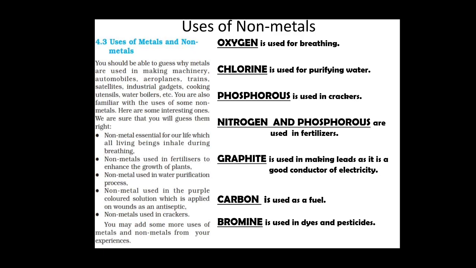Graphite is again an allotrope of carbon, so it is included here. Carbon is used as a fuel, that is coal, you know this. Bromine is used in dyes and pesticides. These are the few examples I have given here. Again, there are a vast number of uses, so a few of them you have to remember.